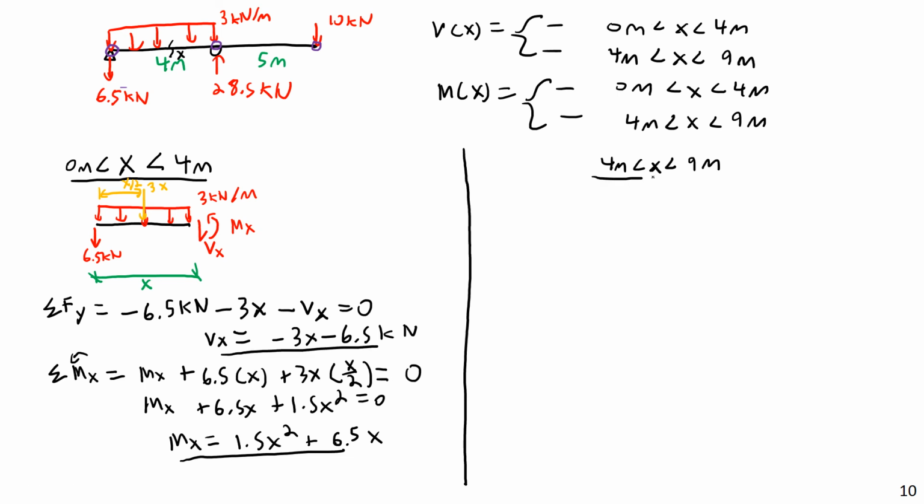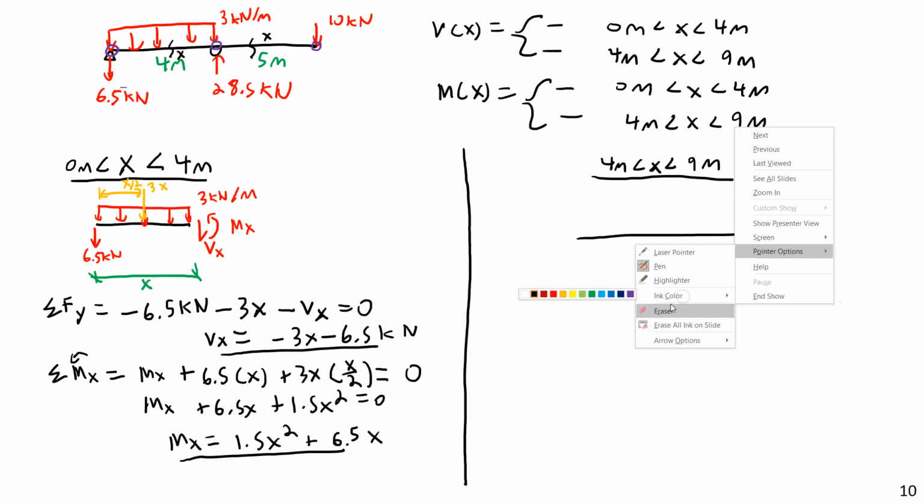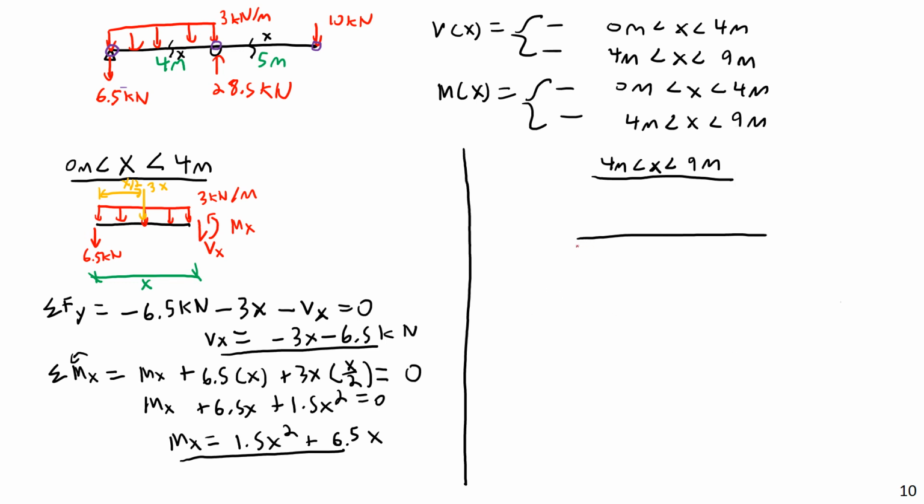Next, on to the same thing, but in the second region. So I'm going to draw out another free body diagram, but this time I'm cutting it at an x that is in the second region, between 4 and 9. So let's go ahead and draw this out. Now I'm going to include the downward 6.5 kilonewton force.